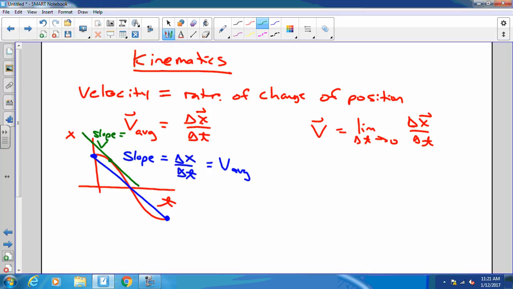Because I am taking the size of my trip and shrinking it down to one instant in time. So the visualization is that the average velocity in blue is the slope over the entire trip, and the instantaneous velocity in green is the slope at a given instant in time, the slope of a tangent line.